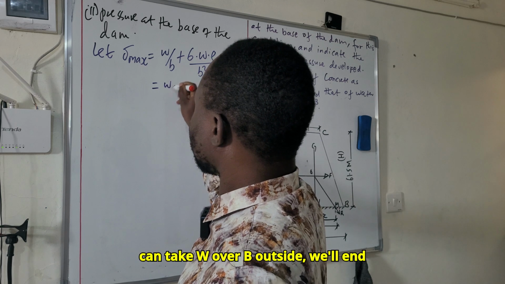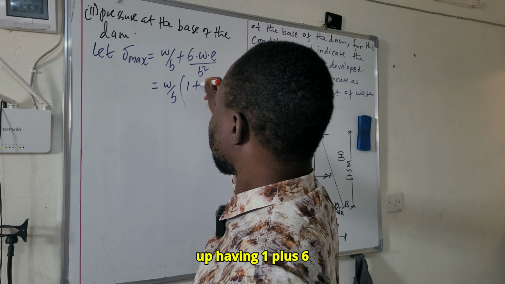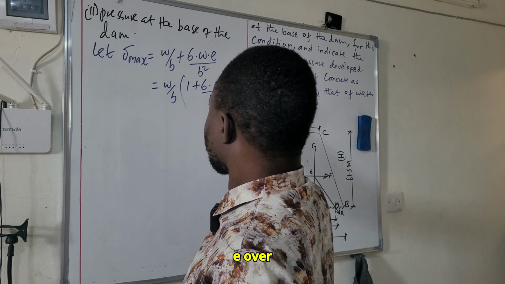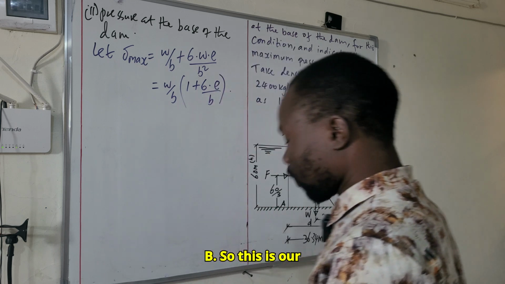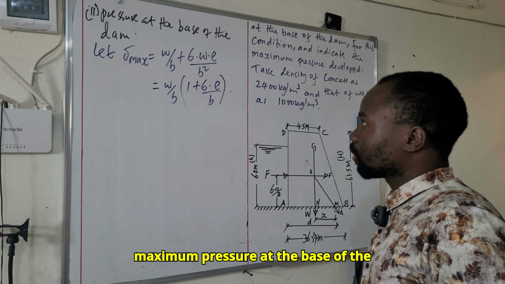So if you take W over B outside, we'll end up having 1 plus 6 E over B. So this is our maximum pressure at the base of the dam.